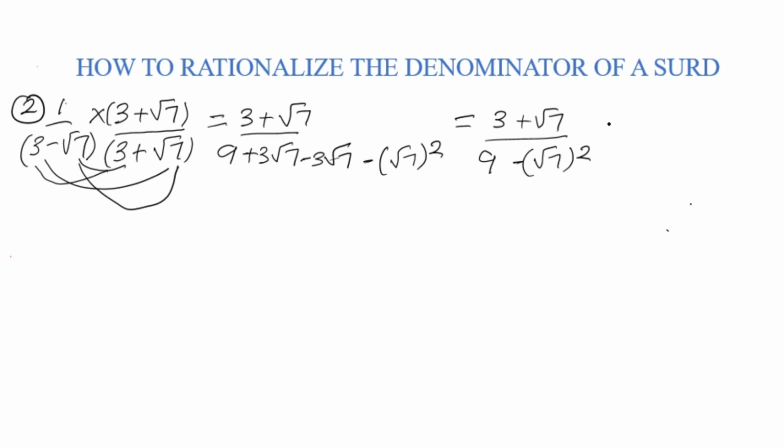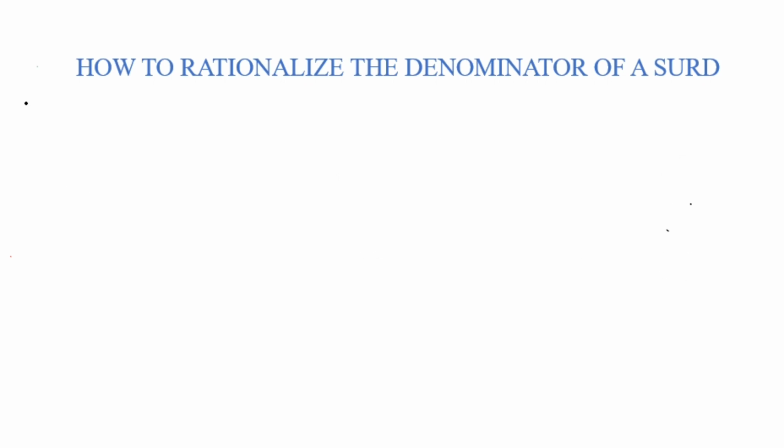You can further simplify this to be 3 plus square root of 7 over 9 minus 7, which is 3 plus root 7 over 2. And that's our final answer.